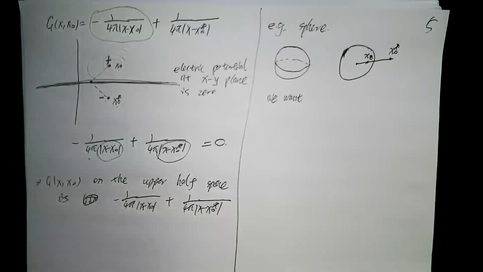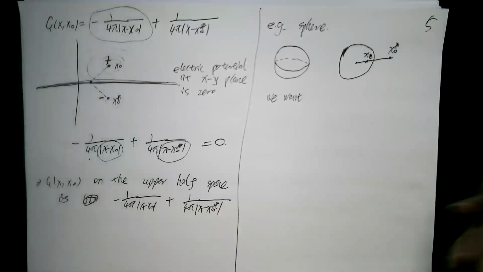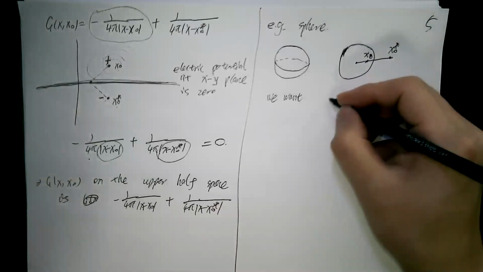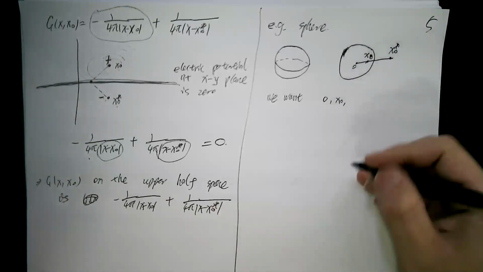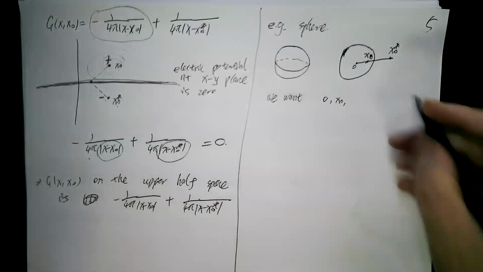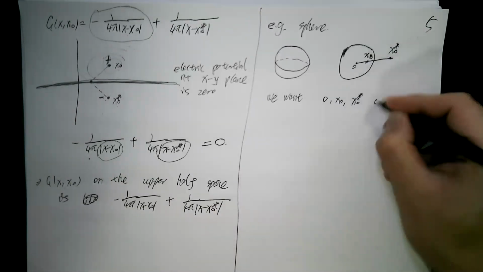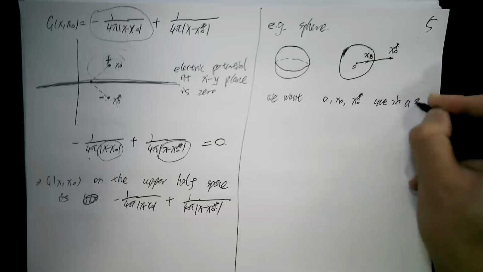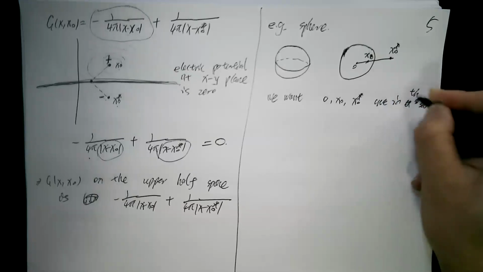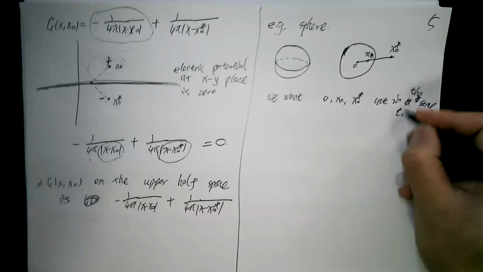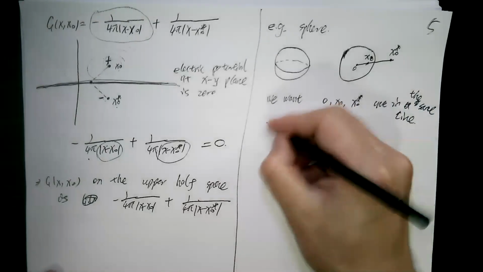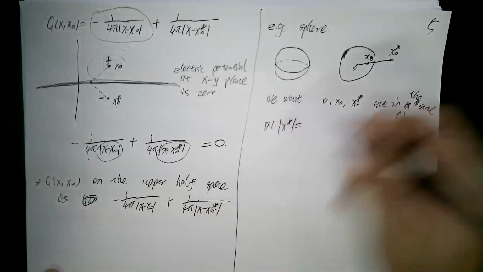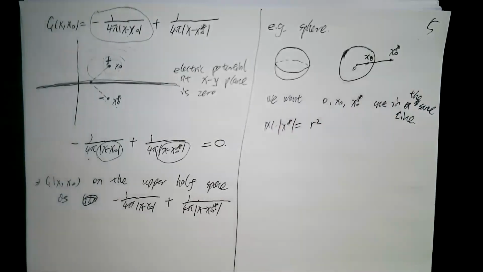You can show that x0 star is a point such that the center of your disk, or ball, and x0 and x0 star are on the same line, and you want |x| times |x star| to equal exactly r squared.